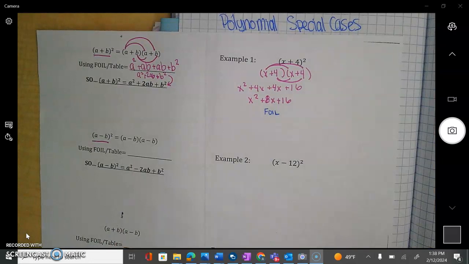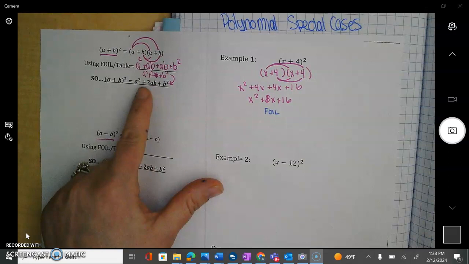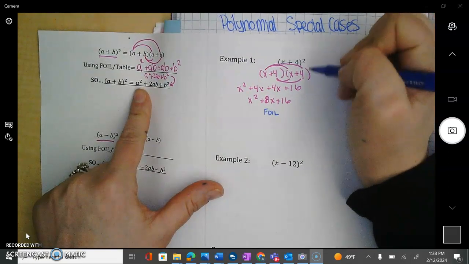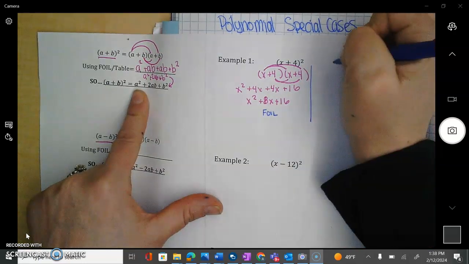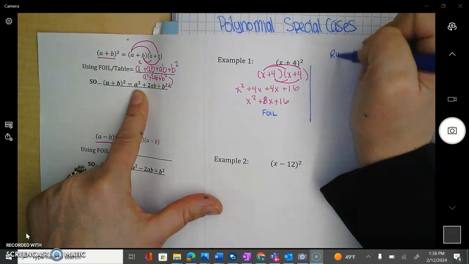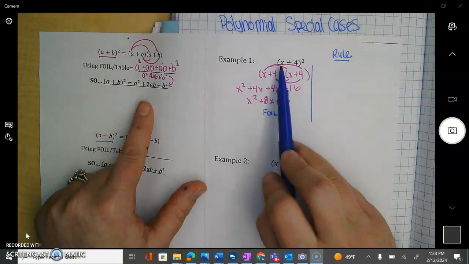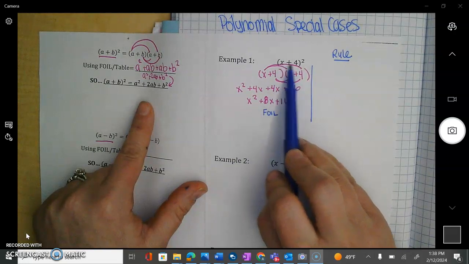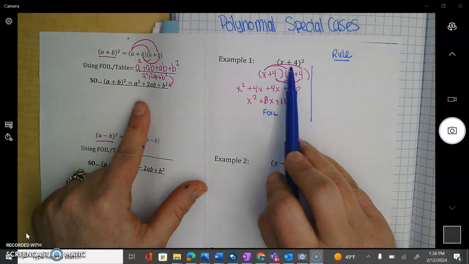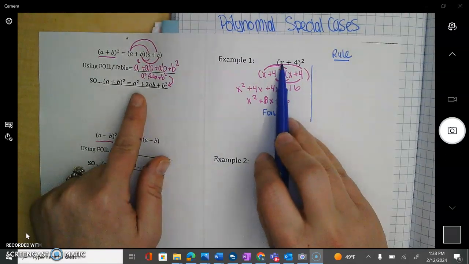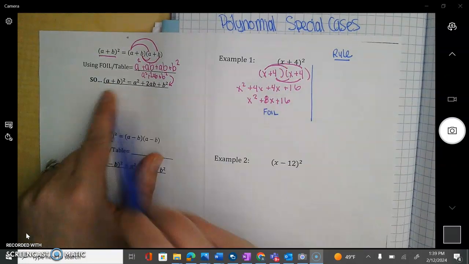But if I use what I know about the rule here, we can translate it in a different way. So I'm just going to do that on this side over here. So first we did FOIL, now we have our rule. So essentially, if I have a binomial where two values are adding together, I'm going to start with the first term, that a term, and I'm going to square it because that's a squared.